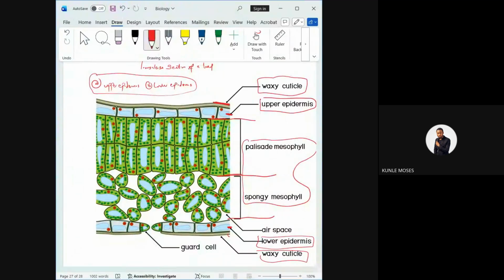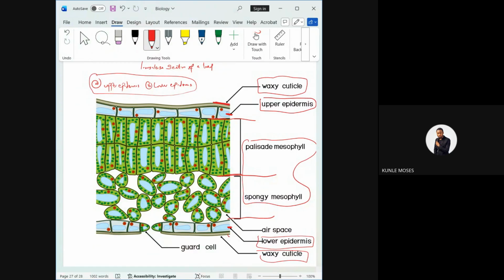Looking at this structure, if they ask you to label any components, please, is there anyone that will give you a headache? I want your response.